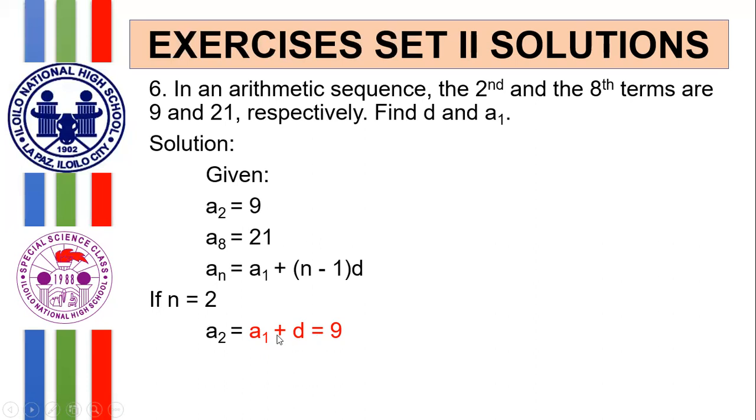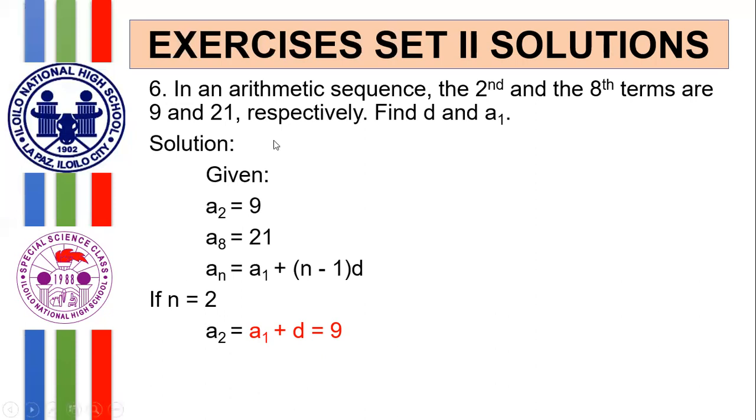But remember that the second term is equal to 9. Hence, a sub 2 could be expressed as a sub 1 plus d equals 9. I hope you got it.